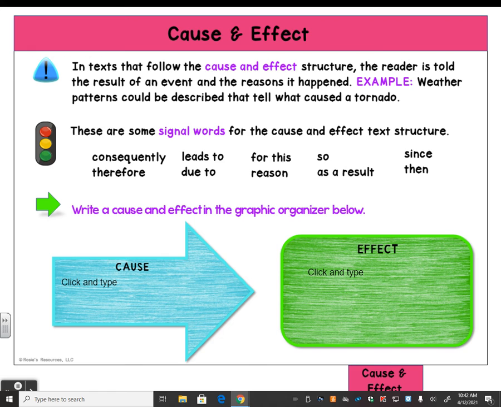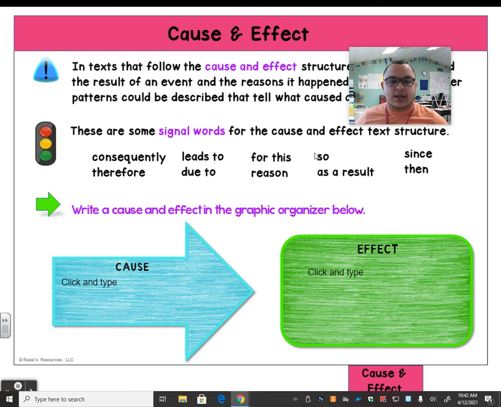Here are some signal words for cause and effect text structure: consequently, leads to, for this, so, therefore, due to, reason, as a result, then, because. Write a cause and effect in the graphic organizer below.